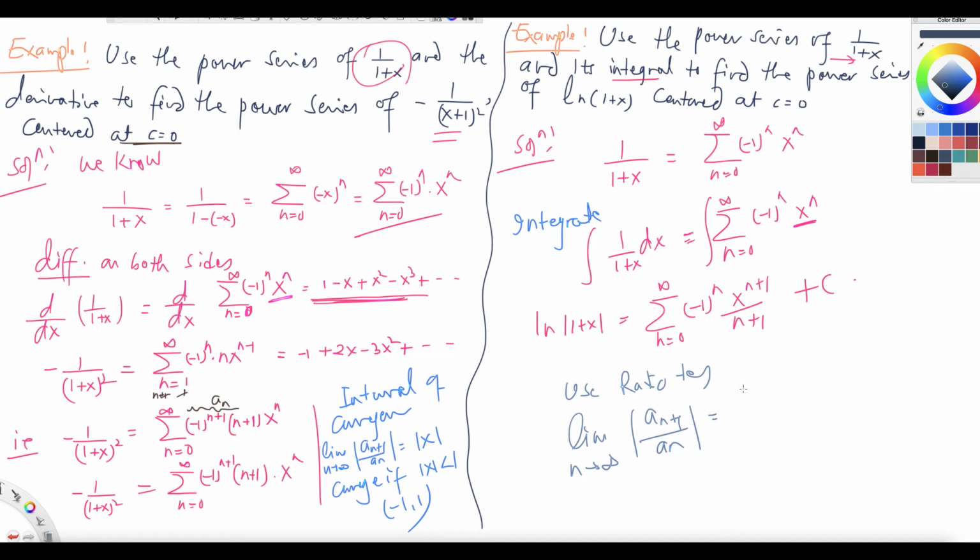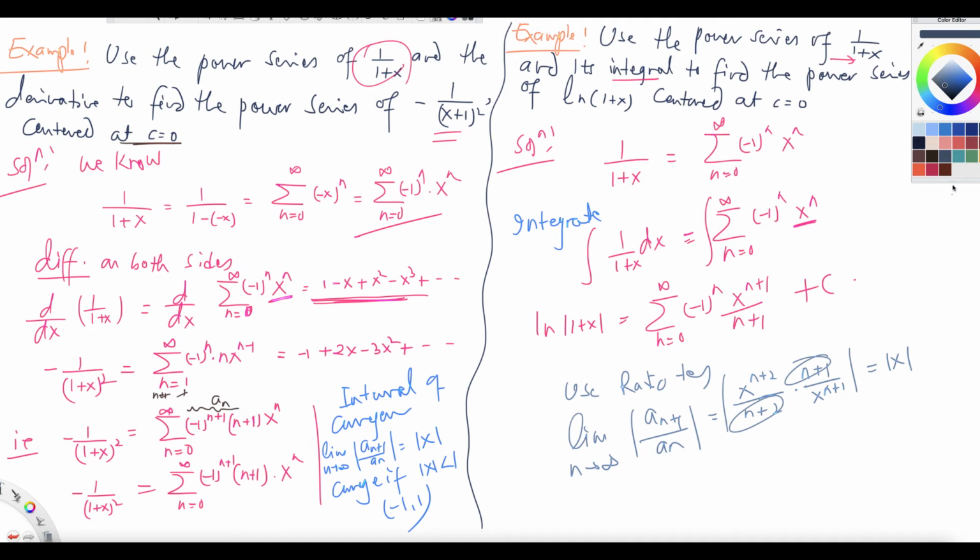So you can write x to the n plus 2 over n plus 2, that is a_(n+1), times n plus 1 over x to the n plus 1, absolute value. When n tends to infinity, that n plus 1 over n plus 2 term will become 1, and then that will be just the absolute value of x.